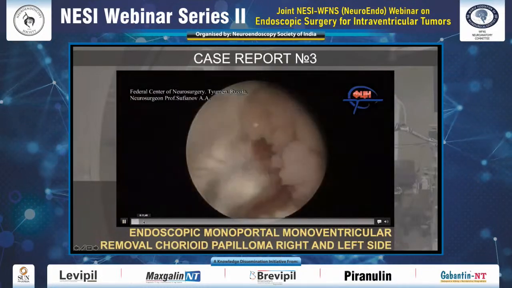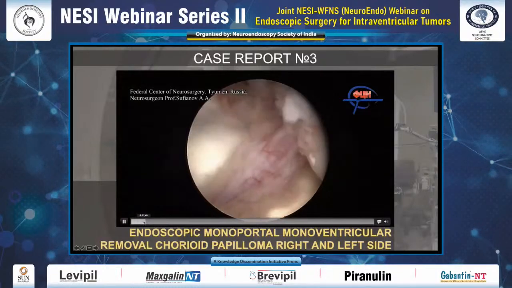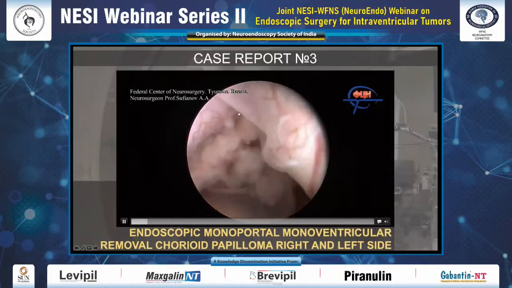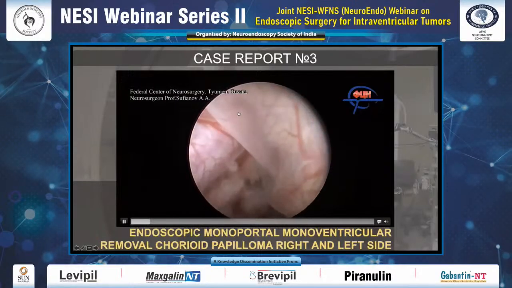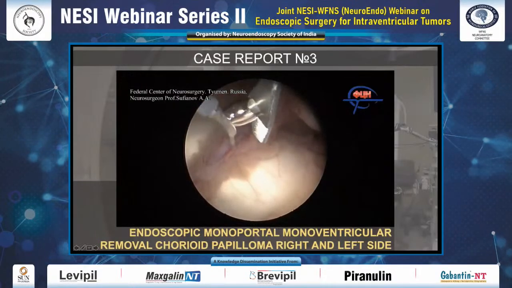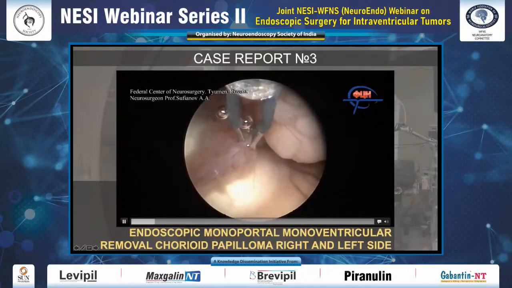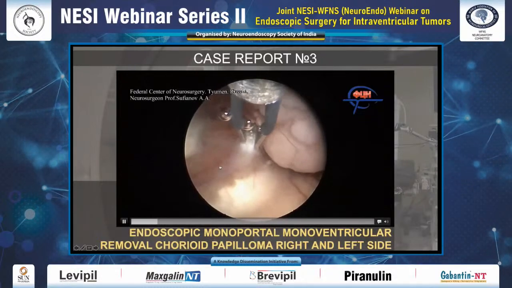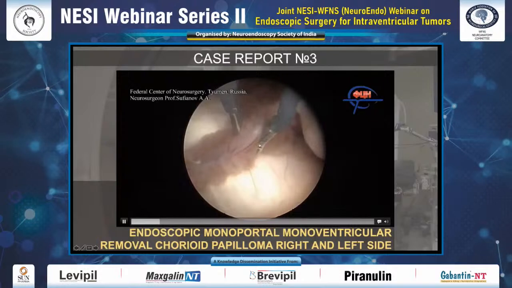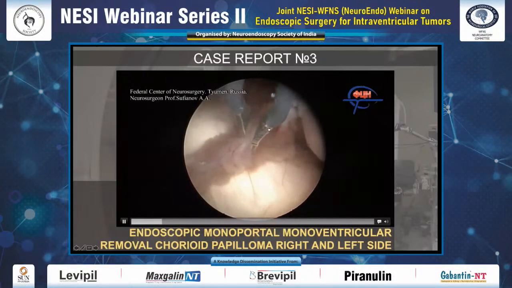First one from the left lateral ventricle. First I check the possibility of dissection, and I reveal the vascular supply, and start to dissect and coagulate the vessels.